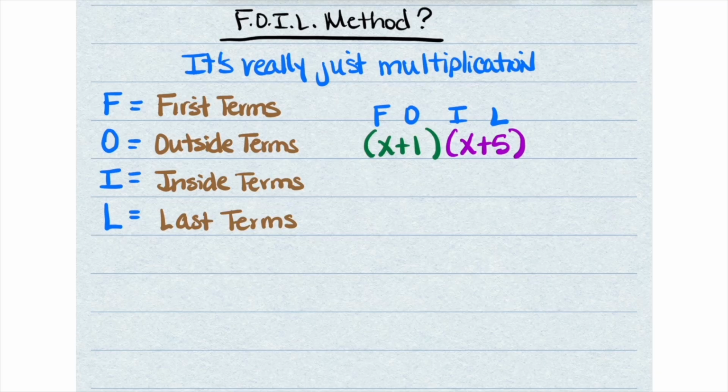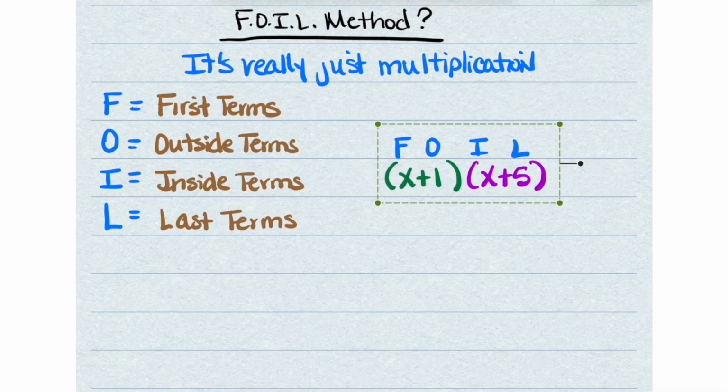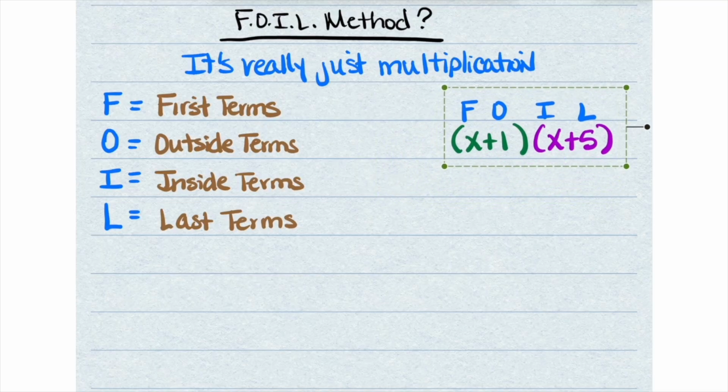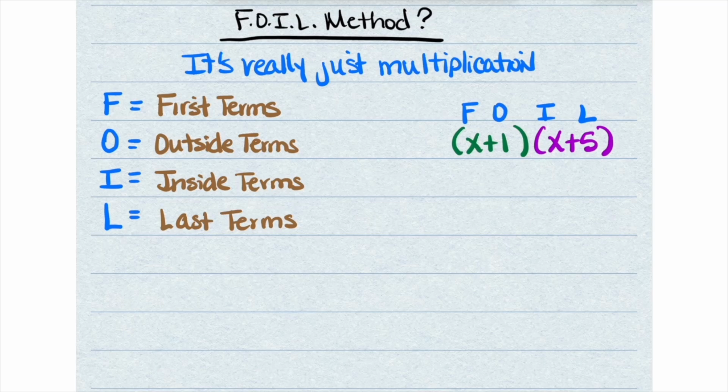Your first terms in this example are the ones in the first position of each binomial. This is a binomial, that's a binomial. So it would be x times x. That would be the first terms.